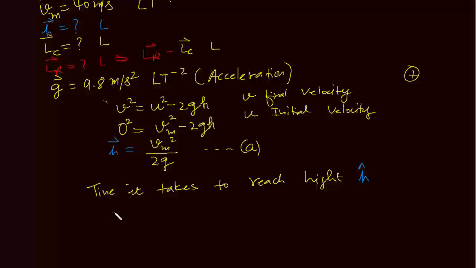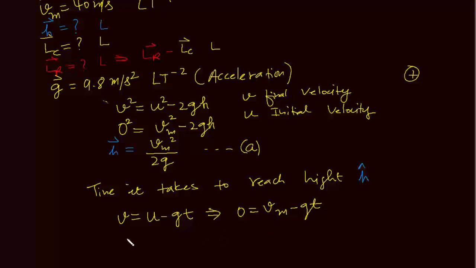So the time will be, the formula is V is U minus GT, and V is 0, so this implies that 0 is Vm minus gt.